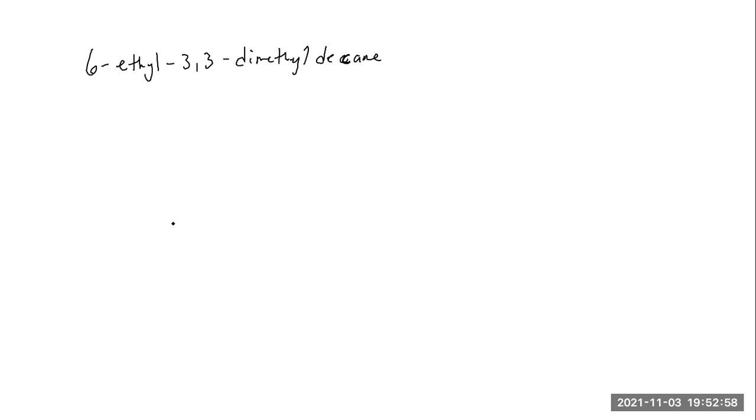And the very first thing you should always do if you have a name and you want to draw a formula is you should always start backwards. So you should always start in this case with the name, right to left, and work your way in this direction. So we would start with the back part here, and decane means 10, which is why I regretted writing that.